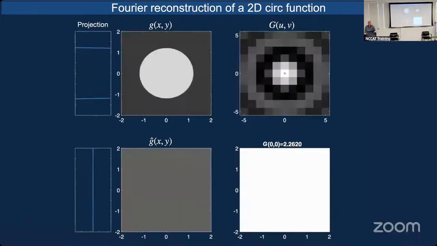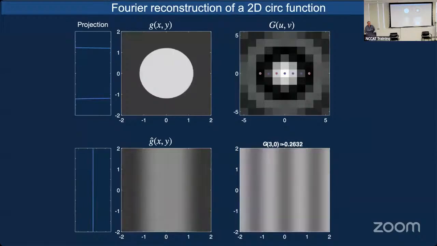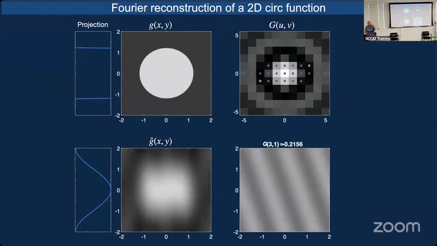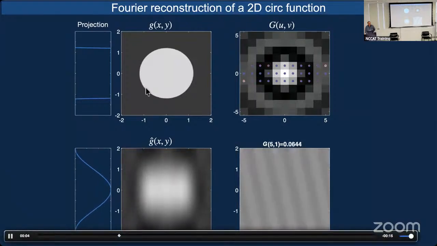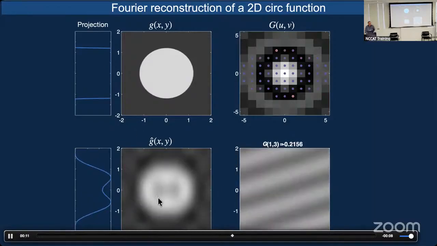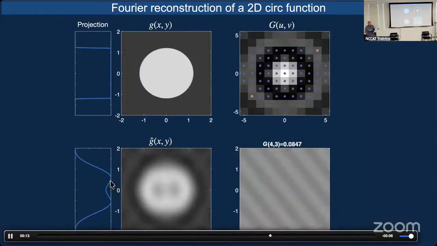Now, if we do something kind of like the rect function, this is now something that is 1 in a disk in the center and 0 outside. Then as we start adding together the various grating terms, we start to get something that kind of looks like a disk, but you can see that it has ripples.